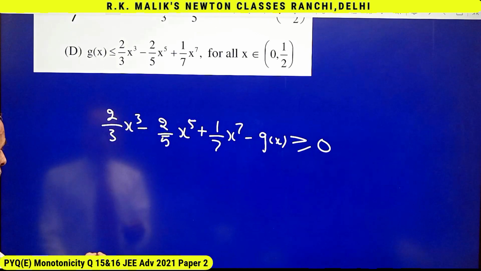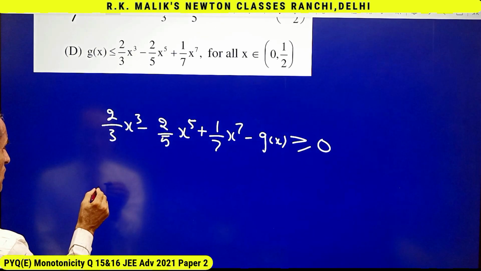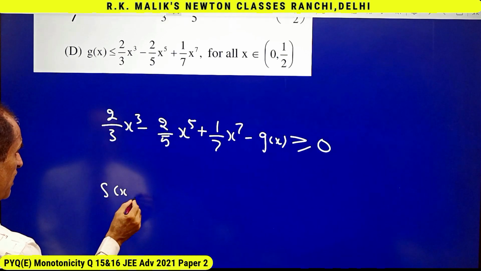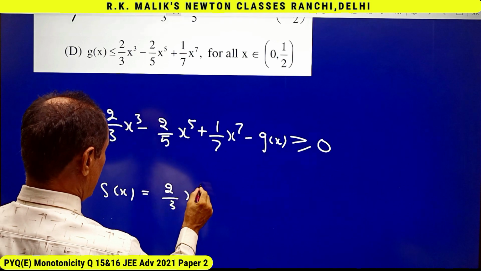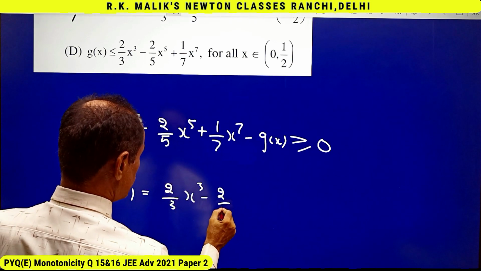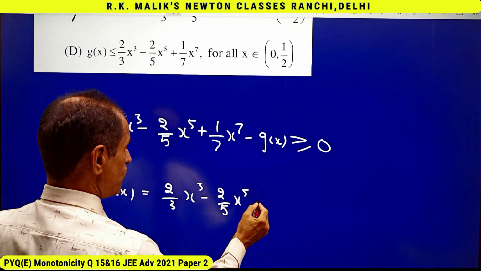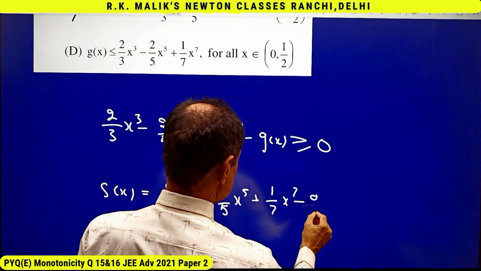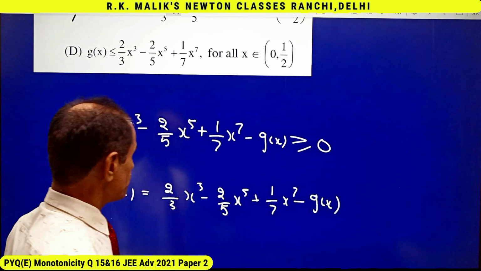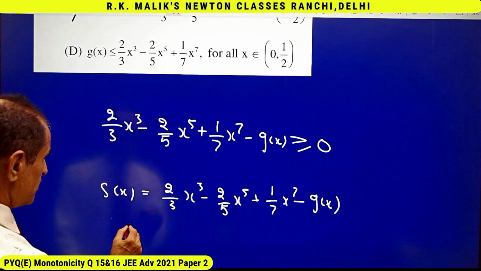For checking this, let us name a function sx as 2 by 3 x cube minus 2 by 5 x power 5 plus 1 by 7 x power 7 minus gx.